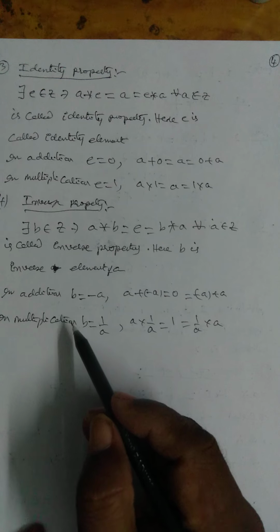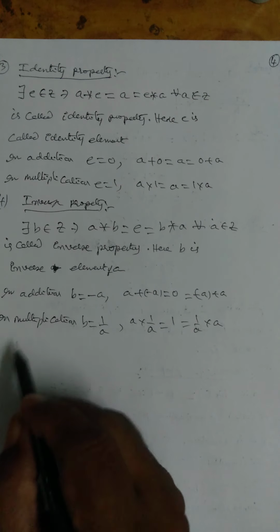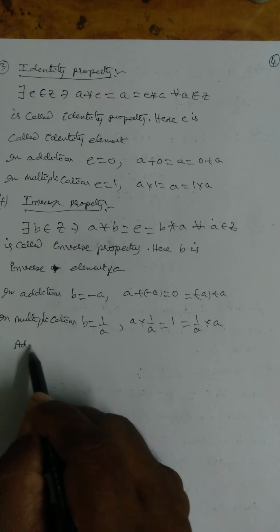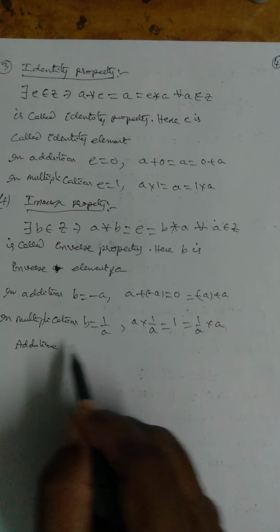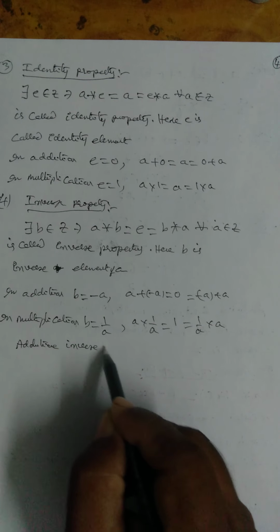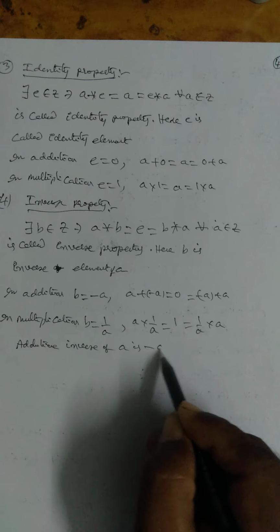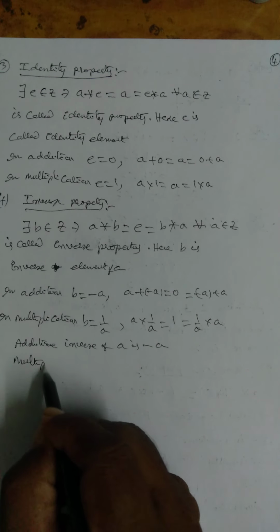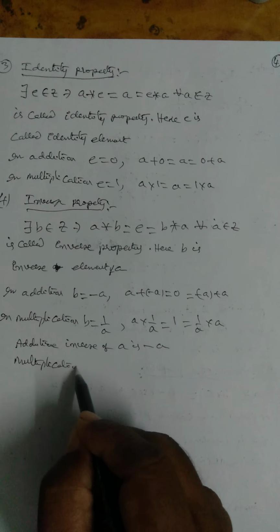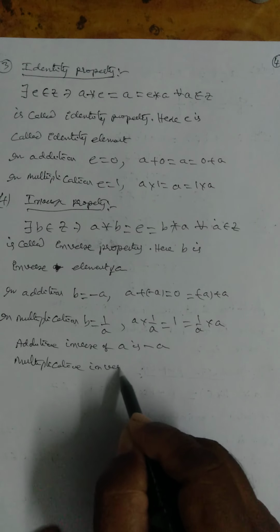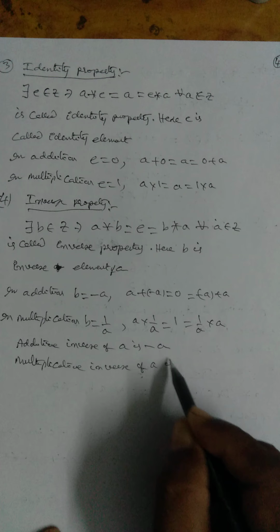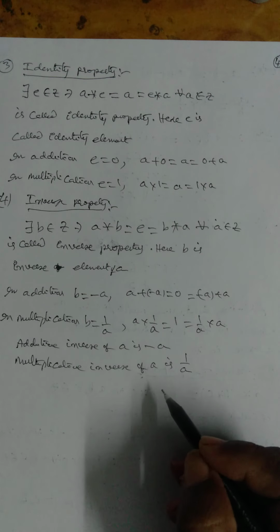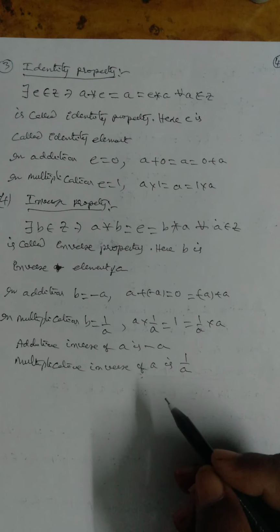So additive inverse of A is minus A. Multiplicative inverse of A is 1 by A.